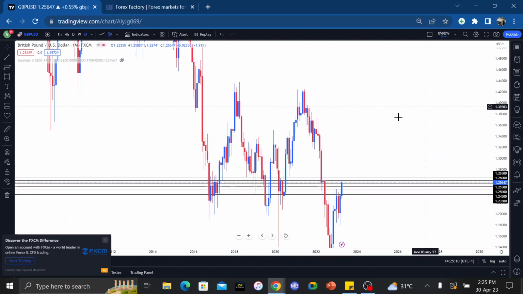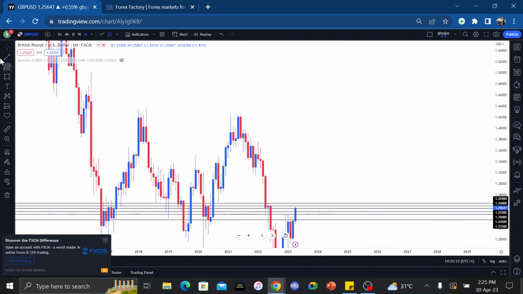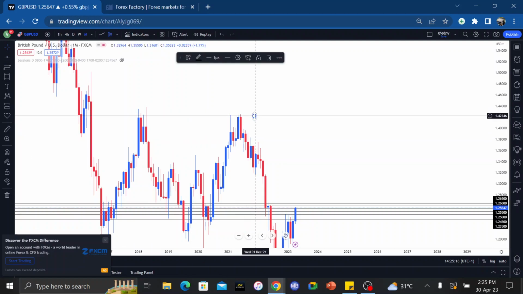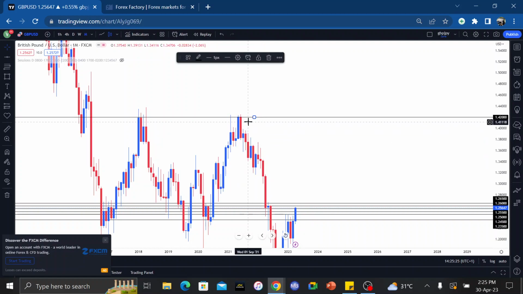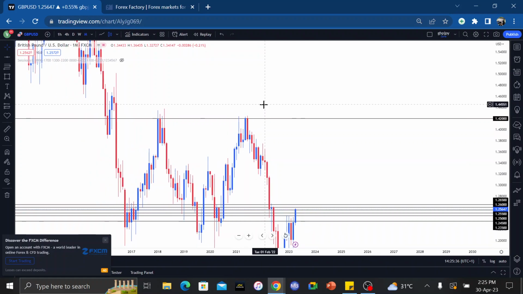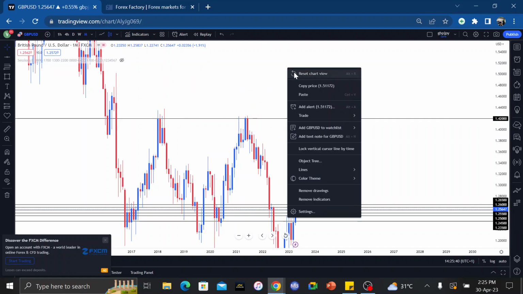So having a psychological level there, let me use my horizontal line. I'll just use 1.42 thousand. Price should break at least above 1.42 thousand. A monthly candle should close above 1.42 thousand, 1.43 500, before I can say GBPUSD is back to a bullish trend.